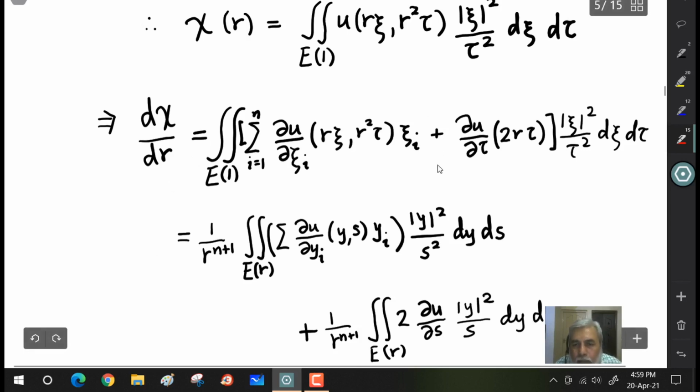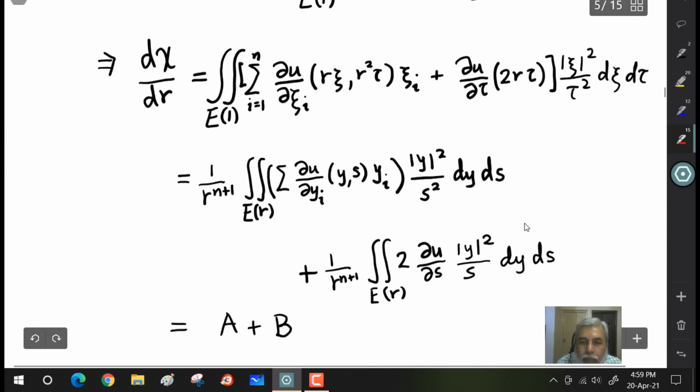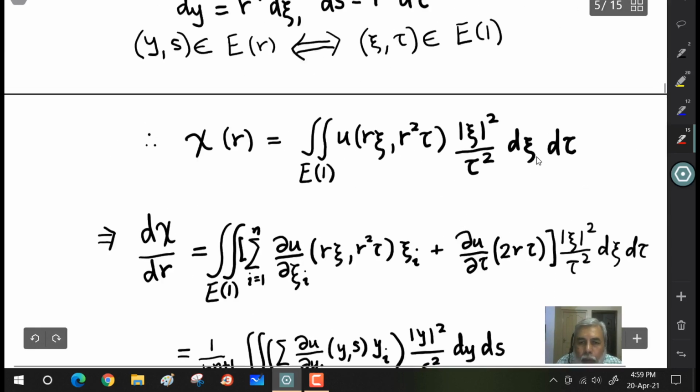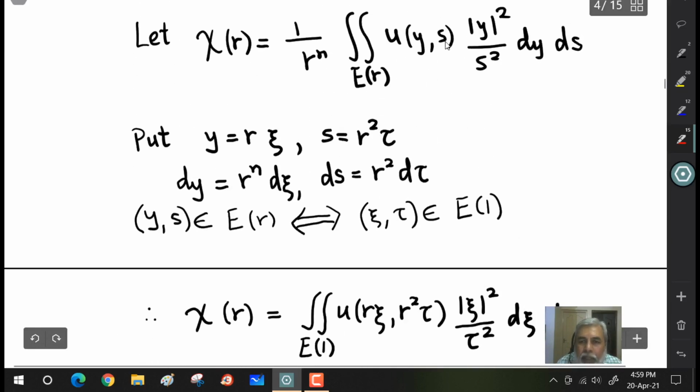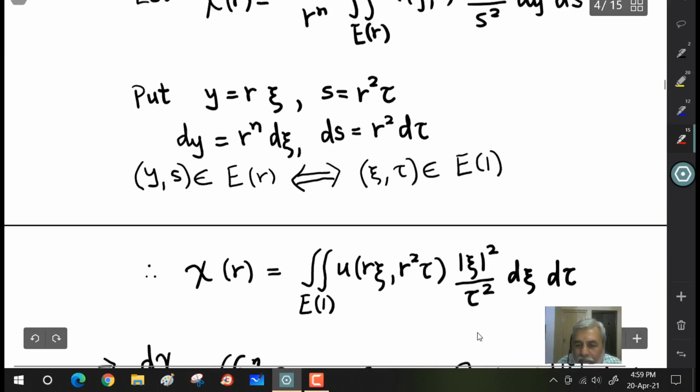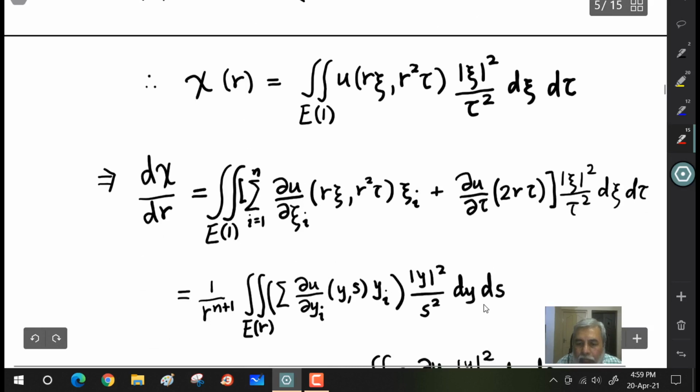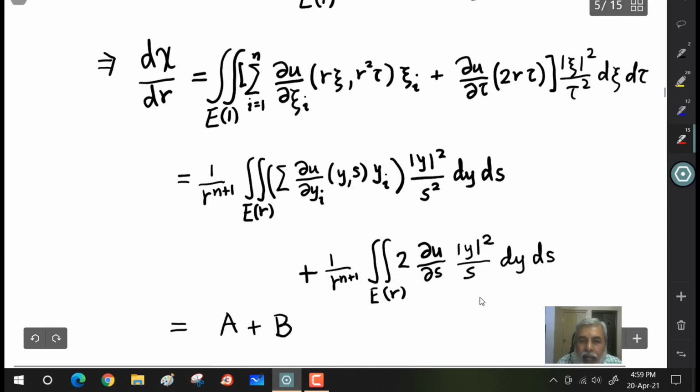So you carefully do it. There are many steps here, but they are all simple. There is absolutely no problem. Once you do this, again you go back to the (y, s) variables. From the (y, s) variables we came to (xi, tau), and again from (xi, tau) you go back to the (y, s) variables.